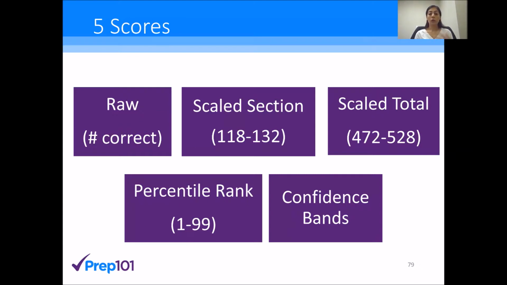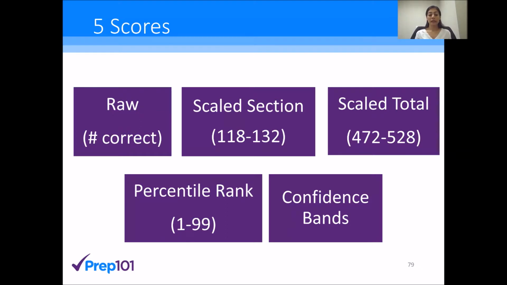For example, we call the median the 50th percentile. The median is the average number or the middle number in a data set, and it also describes what 50% of the population scored up until. Okay, the last type of score that you get is a confidence band, and we'll talk about that a little more when I show you an example of a score report.